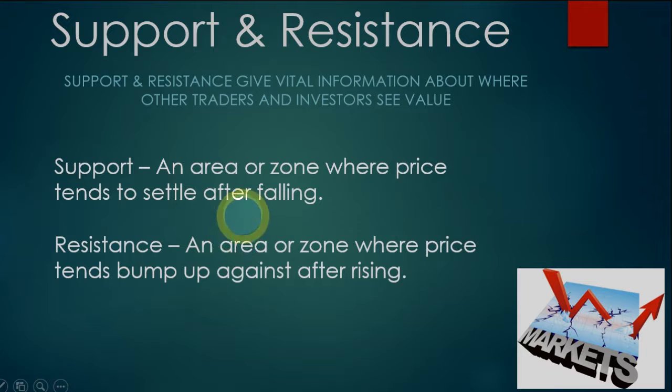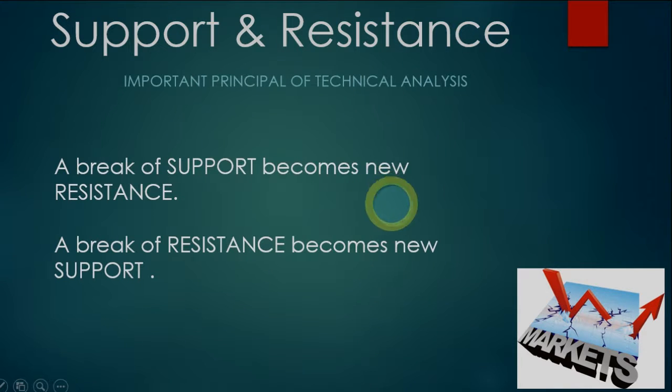We use the pivot technique, but it could be any low or any high on the chart that can provide resistance. It could also be a moving average. We'll look at a chart here and give some examples.